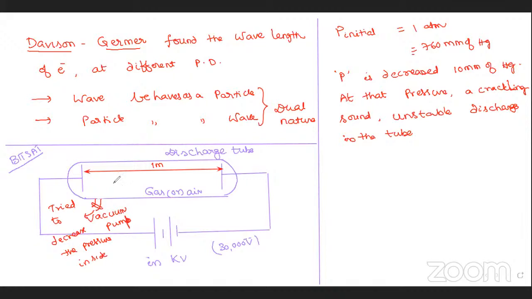When pressure is high, more particles are there, and those particles are obstructing. Okay, so they are assuming some particles are coming out of one of the electrodes and hitting the existing atoms or molecules and releasing some amount of energy. That energy is released as light.